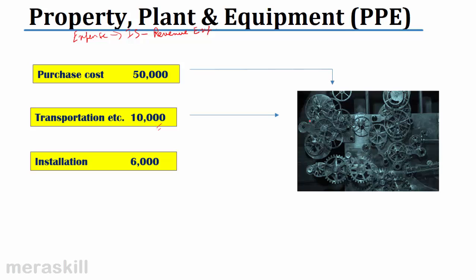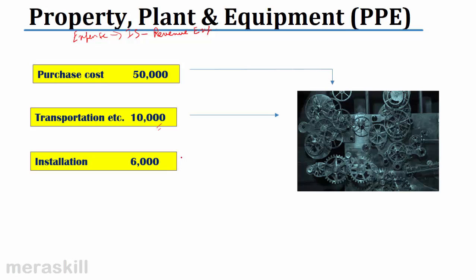Installation. Now that I have the machinery in my premises, I have to fix it. There is a particular way in which it is to be installed, so I call another agency to install it and this agency gives me a bill for $6,000. What happens to these installation expenses?